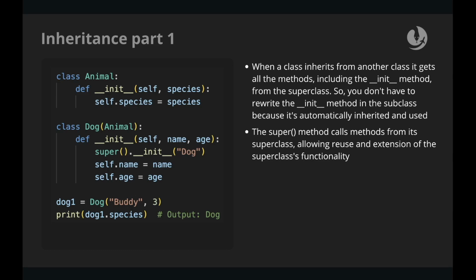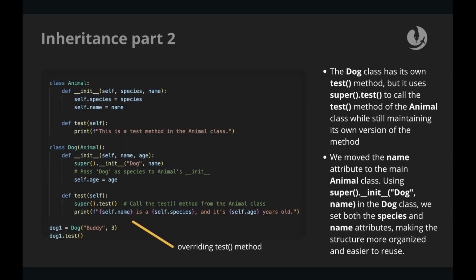So to understand how super works, let's move to the next slide. Over here, we made a little change. We moved the name to the init of the parent class. So right now, when we are calling in the dog class super().__init__, we not only are setting the species, we also need to set the name.